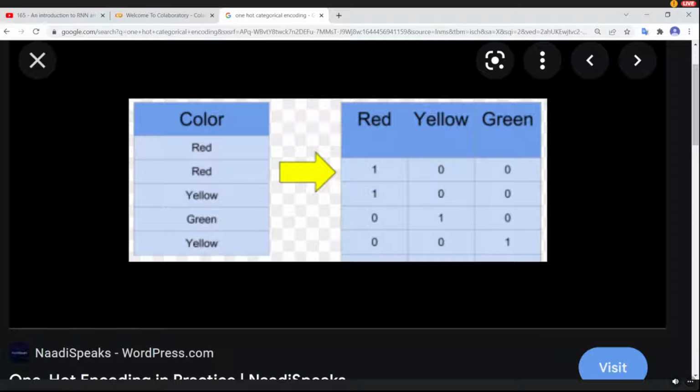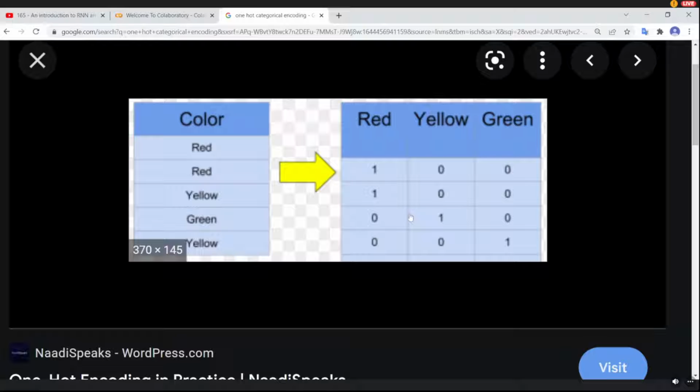I assume everyone is. So what one hot categorical is: we originally have a matrix of red, yellow, green, and blue, and now we're changing this into a matrix of 4 by 3 dimension. So 1 0 0 indicating the first sample is red. The second is 1 0 0, also red. 0 1 0 indicating the sample is yellow.